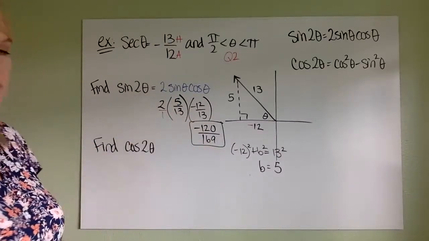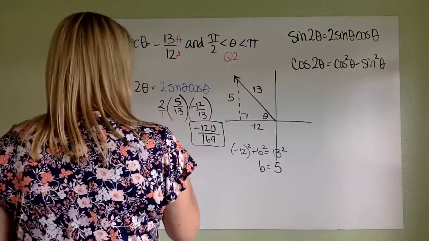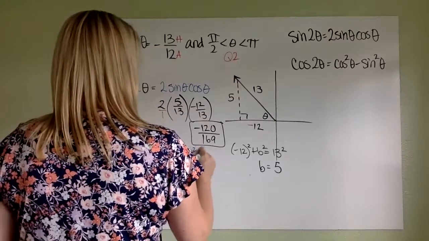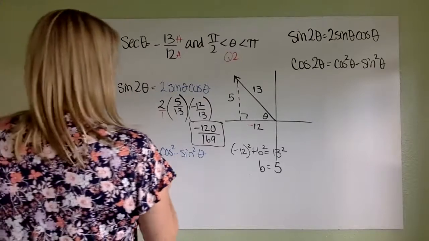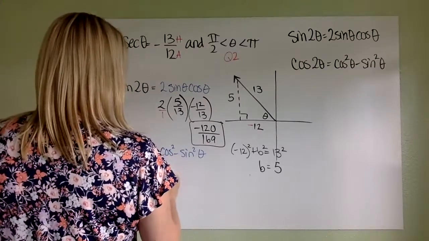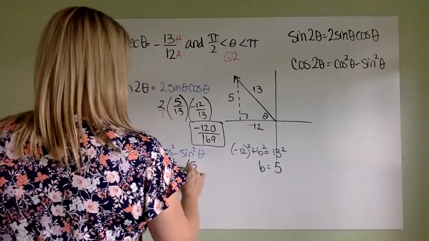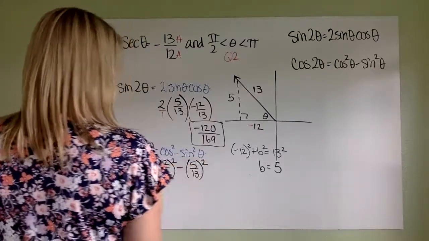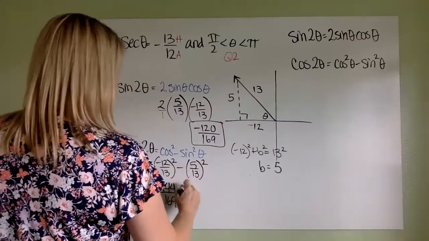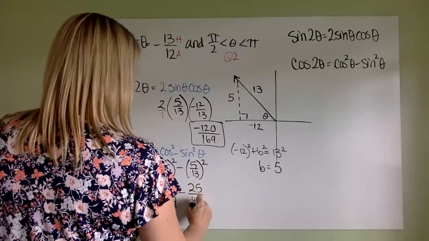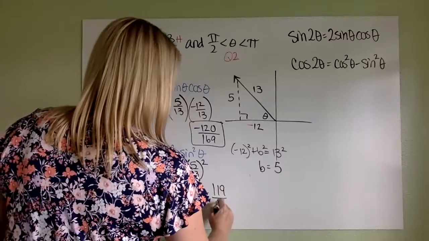So we're going to do the same thing with the cosine double angle. I'm going to use that one there that says the cosine squared minus the sine squared. And since I know the cosine of the angle is negative 12 thirteenths, I'm going to square that. And then the sine of the angle is the 5 thirteenths, and I'm going to square that. I get 144 over 169 minus 25 over 169, and that leaves me with 119 over 169.